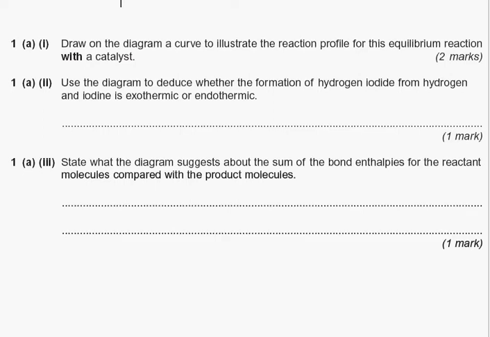And what we can say is the sum of the bond enthalpies of the H2 and I2 is going to be, well, let me write that down. Let's go through it. So the sum of the bond enthalpies of hydrogen and iodine.